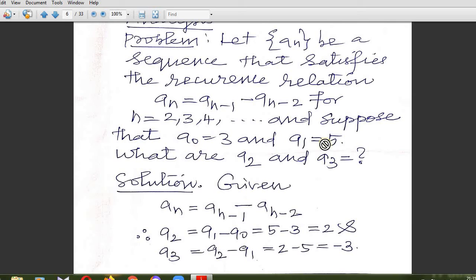The initial values given are a0 equals 3 and a1 equals 5, therefore 5 minus 3 equals 2.